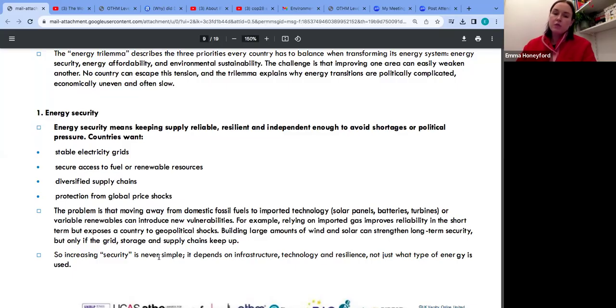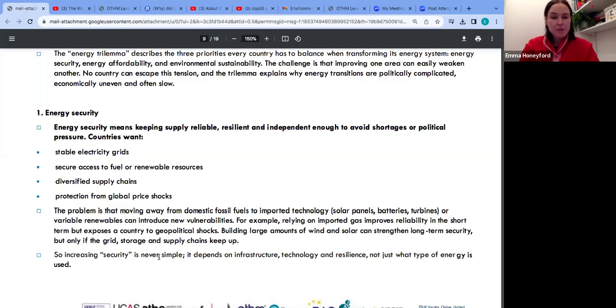So we need the infrastructure to be good quality and able to support renewable energy, secure access to fuel or renewable energies, diversified supply chains, and protection from global price shocks. It's understanding that market forces cannot impact countries' attempts to be more sustainable with energy production.